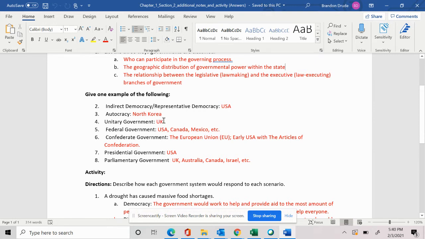They still are free. And actually, if you want a better example that comes closer to home, Sterling Heights High School could also be an example of a unitary government. If you think about it, Mr. Miller could be our leader. He's our principal.